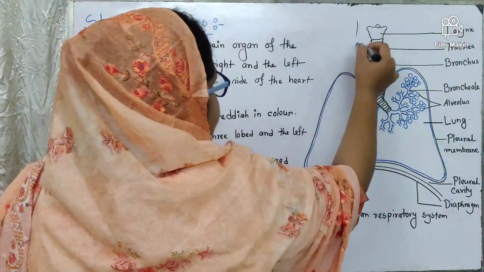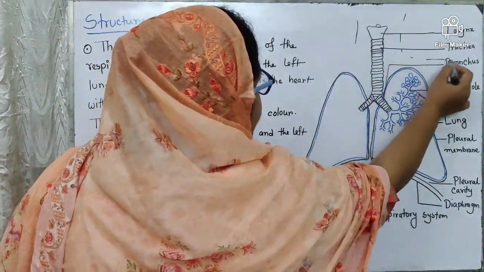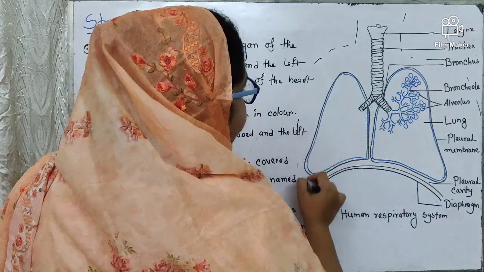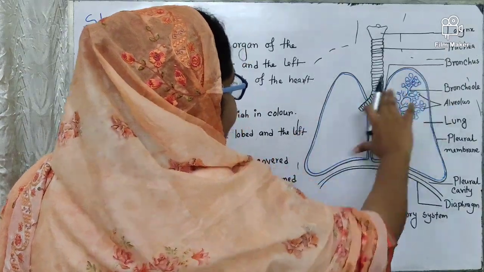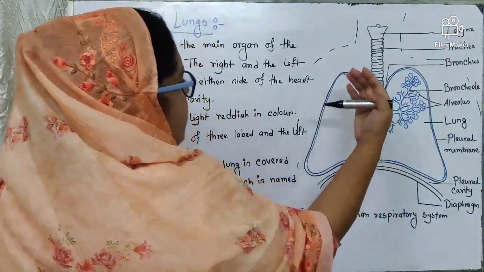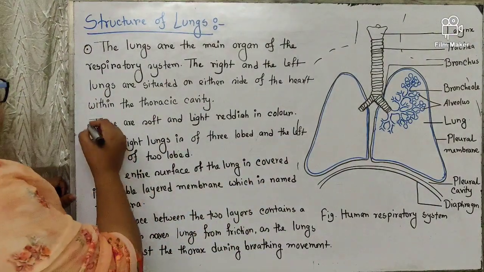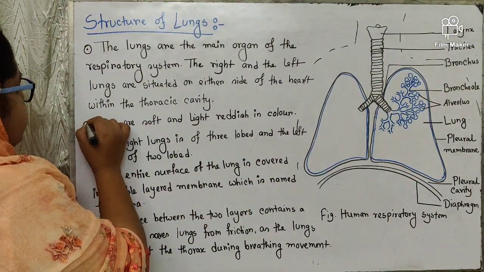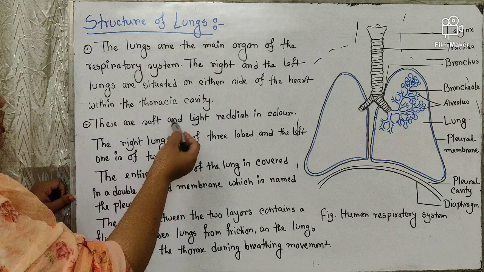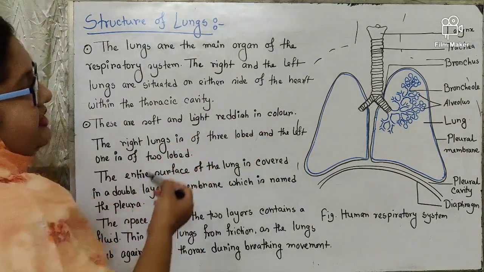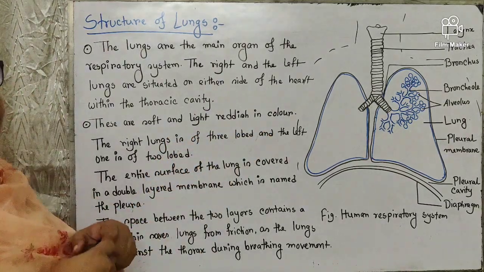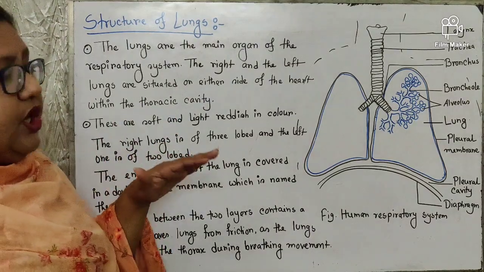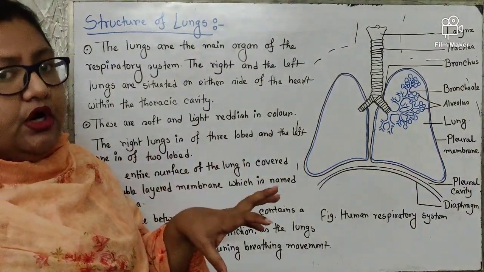Here is the rib cage. Inside the rib cage, the lungs are situated. Point number 2. These are soft and light reddish in color. So the color of the lungs is light reddish and they are soft.